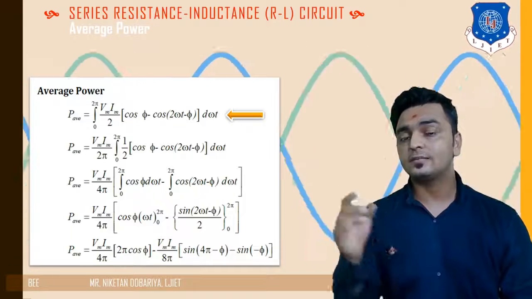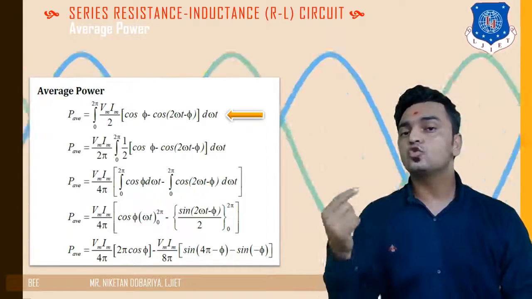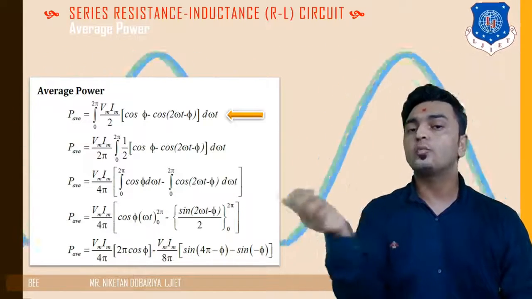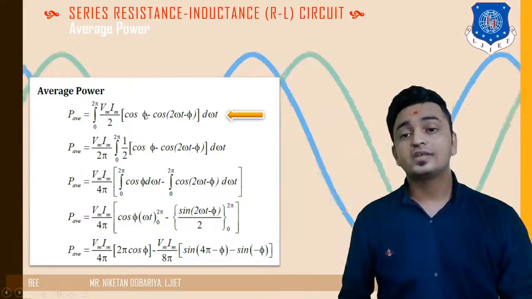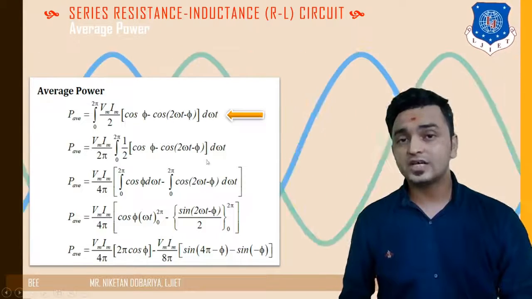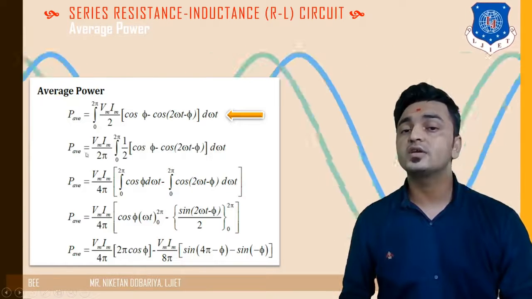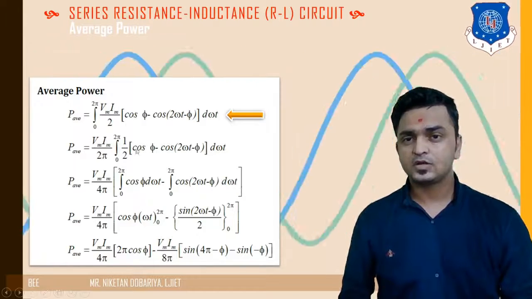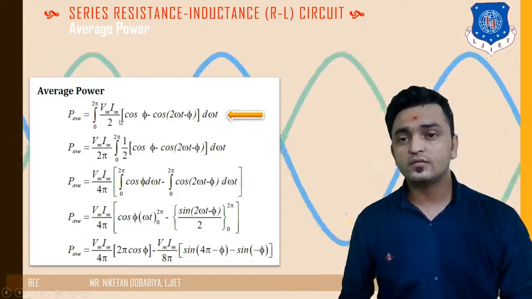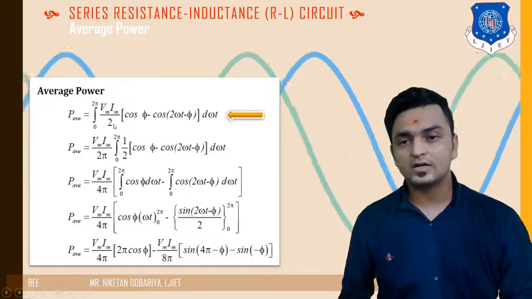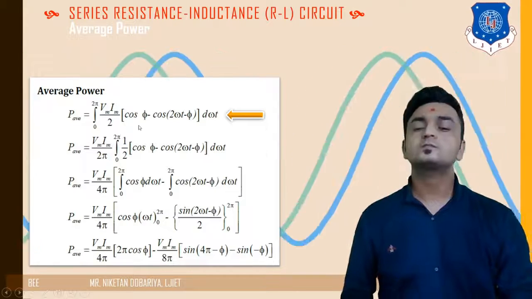As we considered the integration from 0 to 2 pi, the base length is going to be 2 pi minus 0, meaning 2 pi. So we need to divide this equation by 2 pi, and that's why this equation was divided over here by 2 pi. Okay, so there is one small correction over here. We need to divide over here by 2 pi.